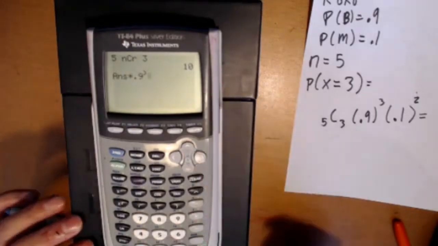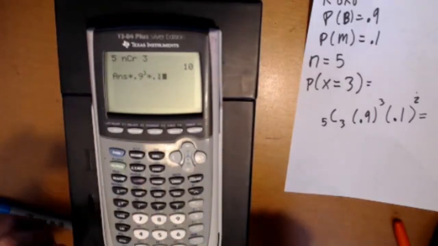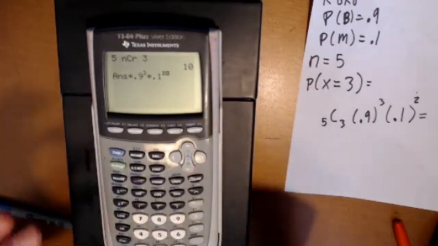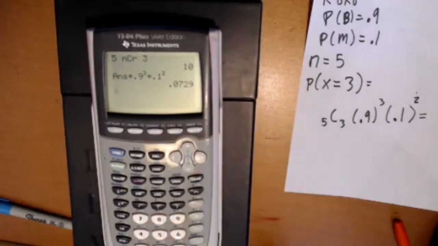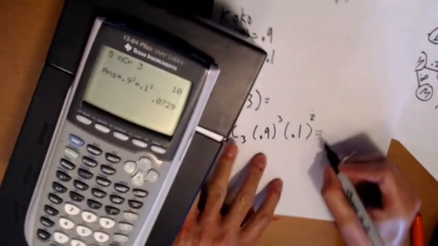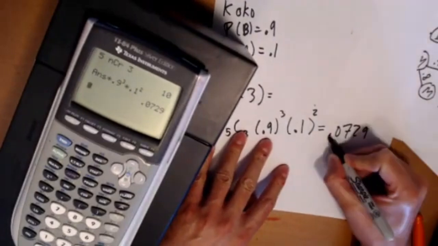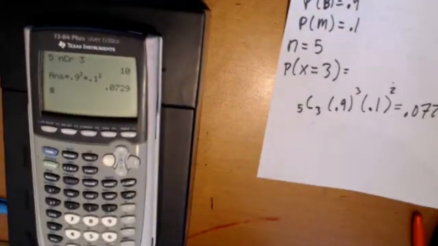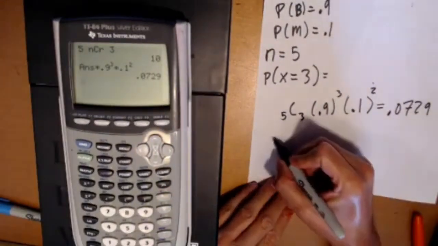Slide out of that. Times 0.1 to the second power. Caret 2. Slide out and hit enter. And it says 0.0729. Okay, so now let's try this using Binom CDF or PDF.